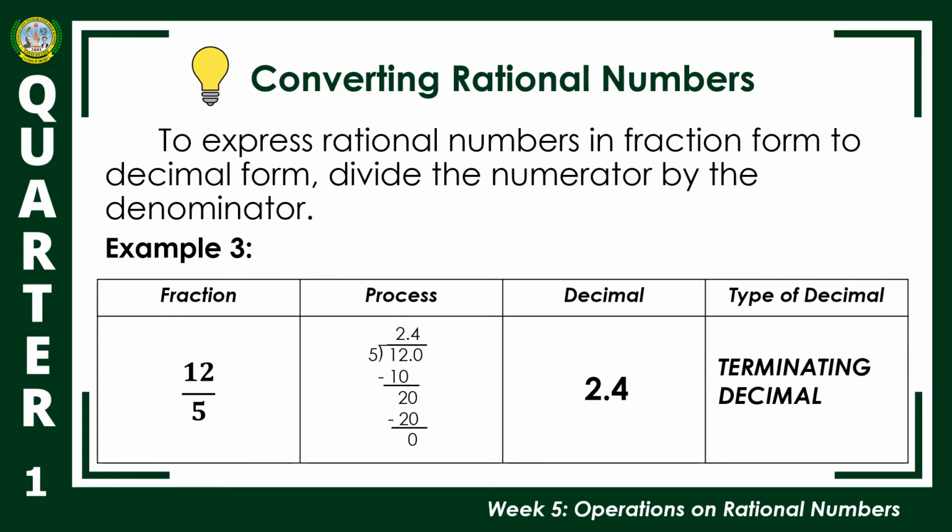So, meaning, when you are converting a proper fraction, you will always get a decimal which is less than 1. So, magsisimula siya sa 0 point. Okay? Pag proper yung fraction, meaning mas maliit yung numerator sa denominator. Okay? So, kapag improper fraction naman, wherein mas malaki yung numerator sa denominator, ang makukuha nating decimal ay may whole number na po. Okay? So, parang mixed form lang yan. May whole number din. Okay po?